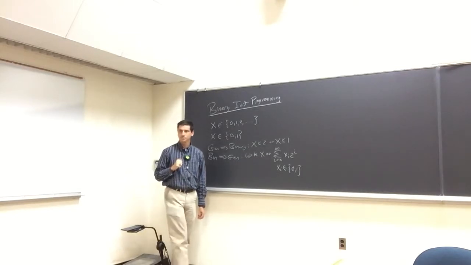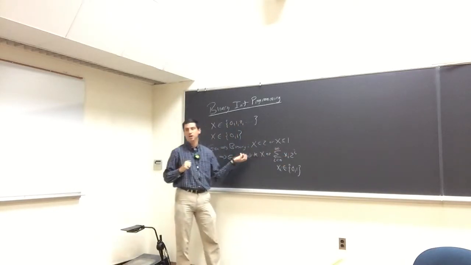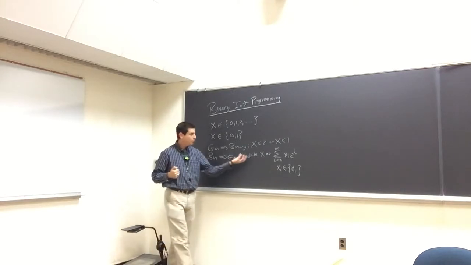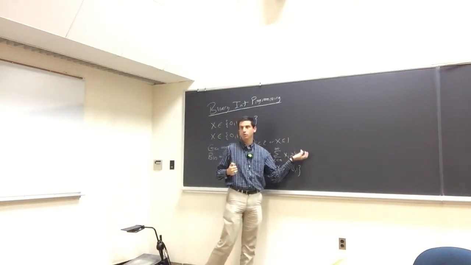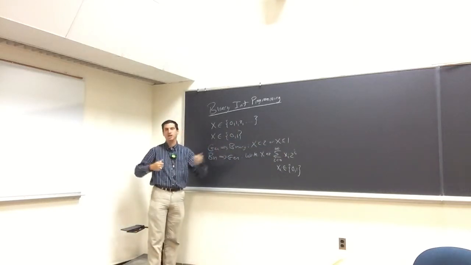How many variables would we have to use here? Potentially infinitely many if we don't know ahead of time how large our numbers can be. If we know our numbers are bounded, then we're fine. We know when we look at its binary expansion, it's going to go at most to a certain height, and we can truncate.